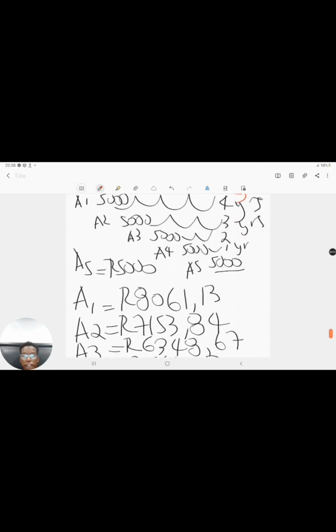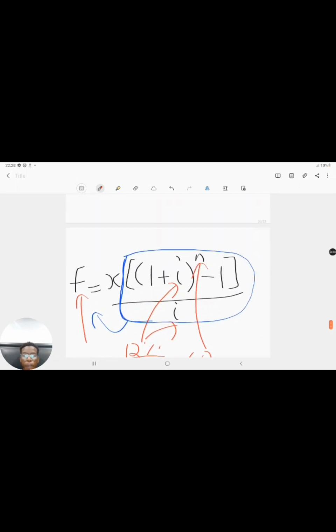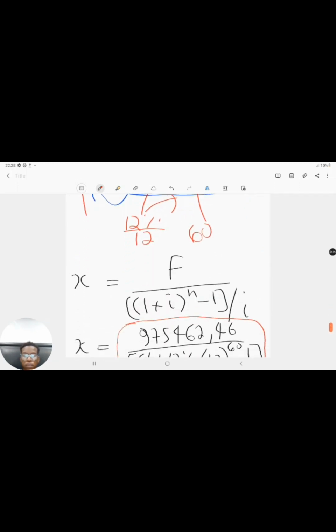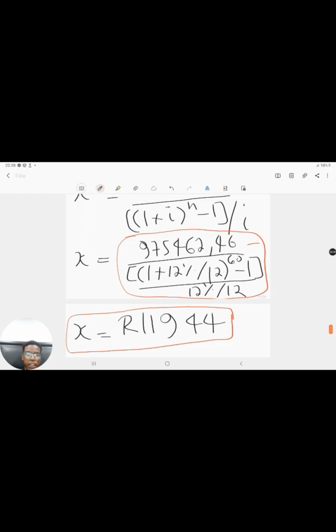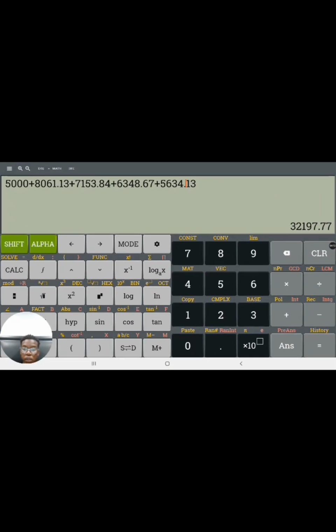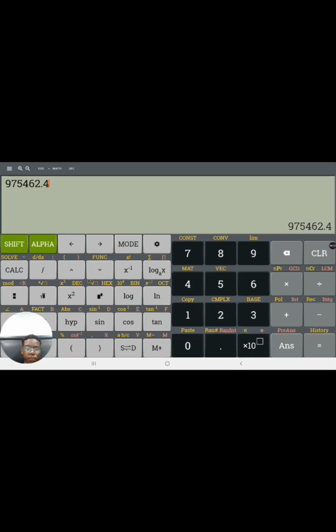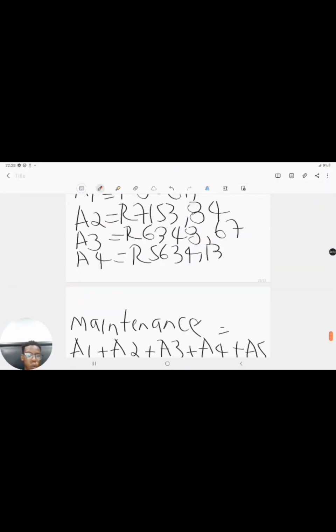What is F again? F is 975462. It's going to be a lot of substitution here. 975462, I believe. 975462.46 plus the 32,197.77, I think, that we just calculated right now.